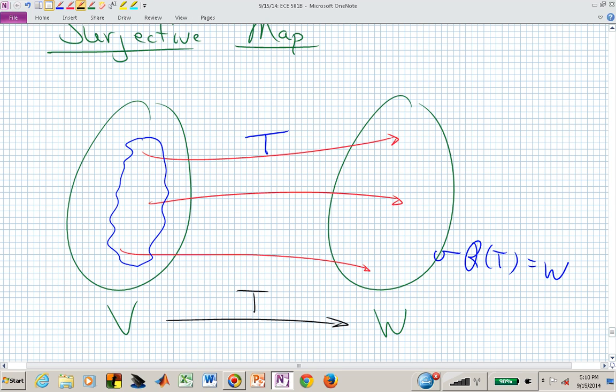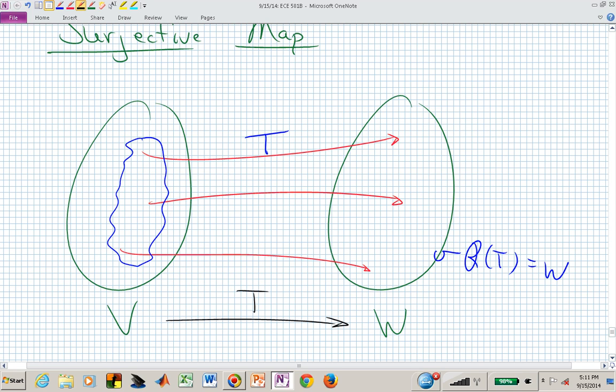So this is sort of the contrast of surjective versus injective. You could use all of these points in blue to fill all of W, but you don't need all of V to fill W. But you can use more points in V. Those are sort of extras, and they will also map into W.